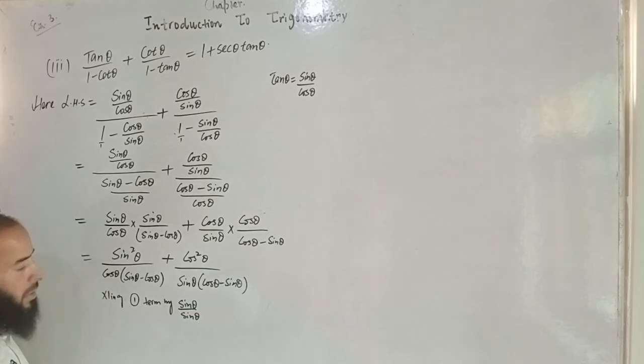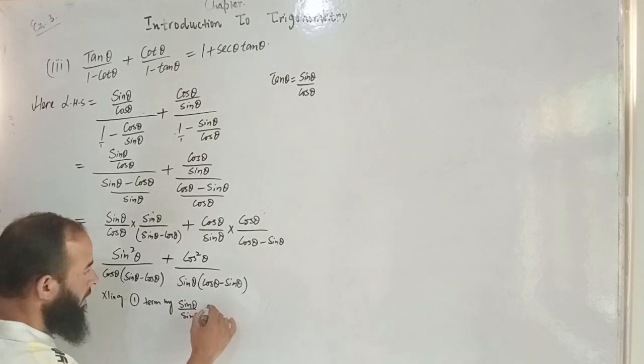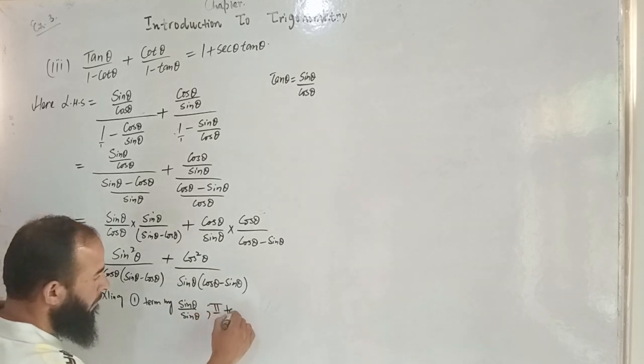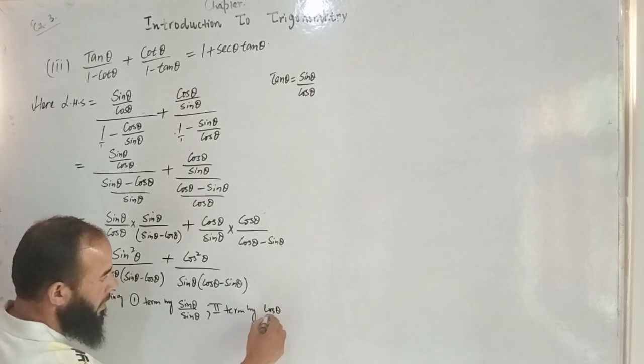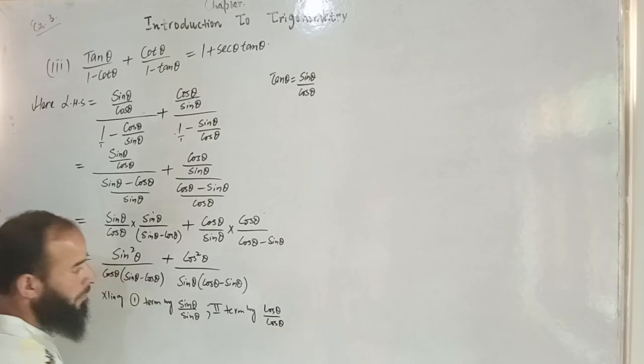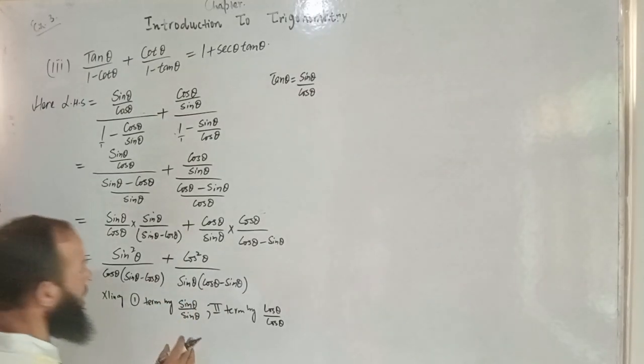This is 1. It will not alter this fraction. And the second term by cos theta by cos theta. Okay, in order to make these denominators same.